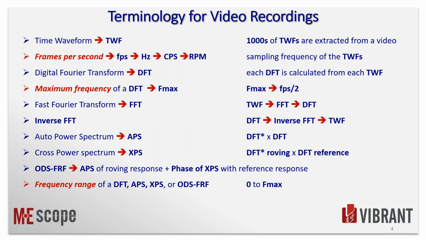But if I can't measure the force, in the case of a running machine, then I can still calculate something called an ODS-FRF. And that is a combination of the auto power spectrum of a roving response and the phase of a cross spectrum of the roving relative to a reference response. And remember, the reference is fixed.